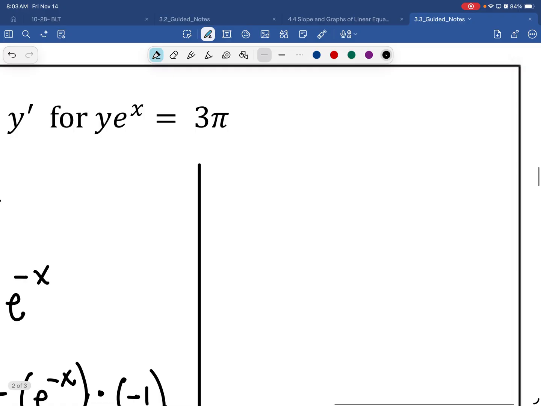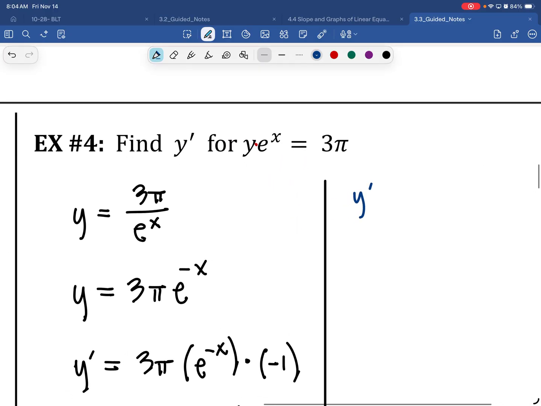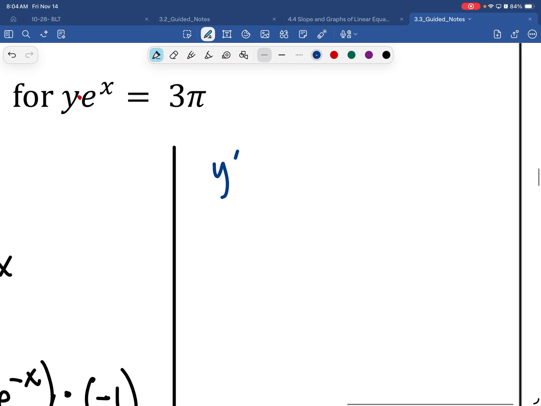Well, that's product rule, right? Because that's y times e to the x. The derivative of y is y prime. And that's how they have actually asked us to solve this problem, find y prime. So I'm using that notation. The derivative of y is y prime times e to the x plus y times the derivative of e to the x, which is just e to the x.